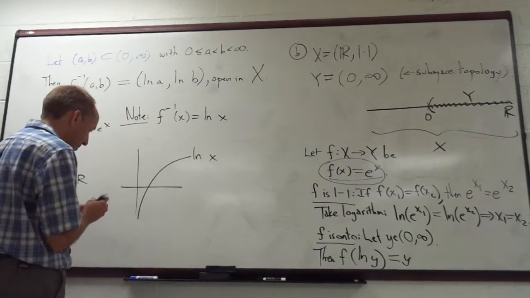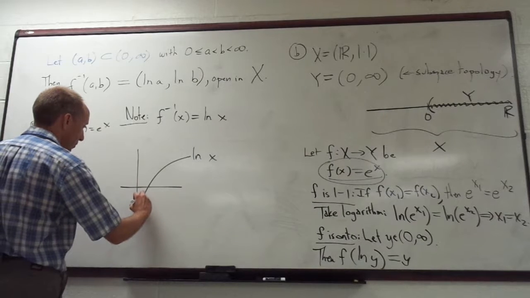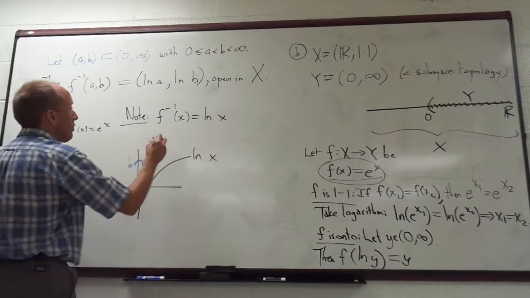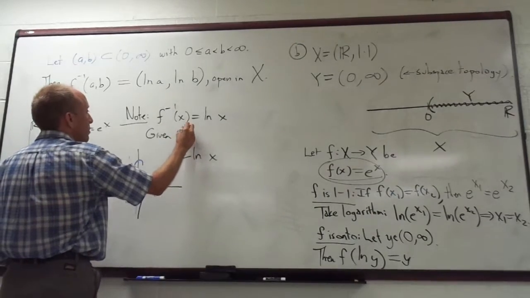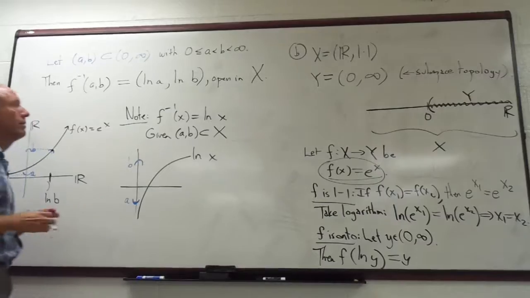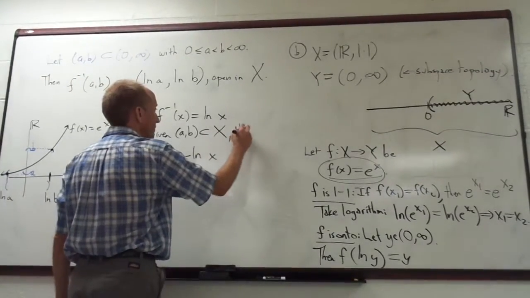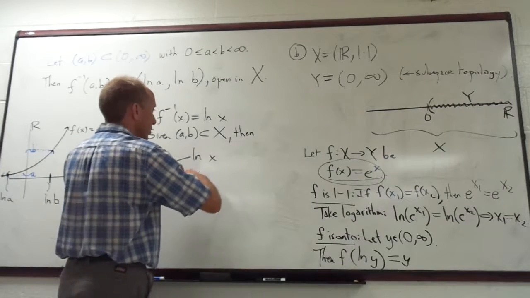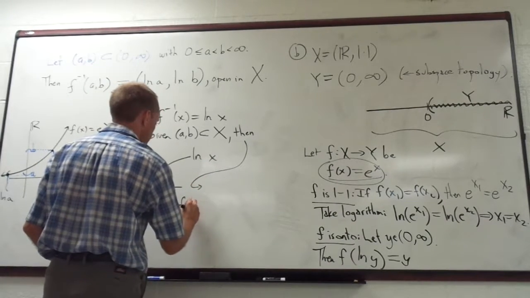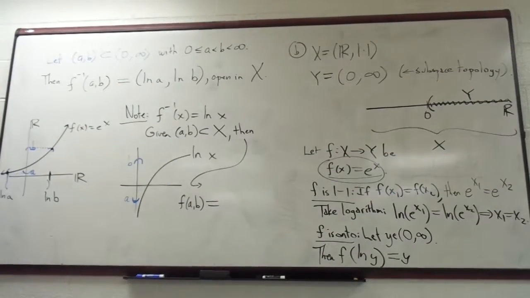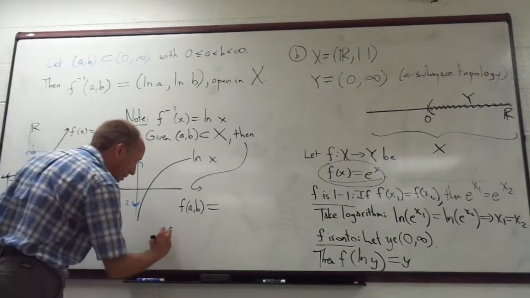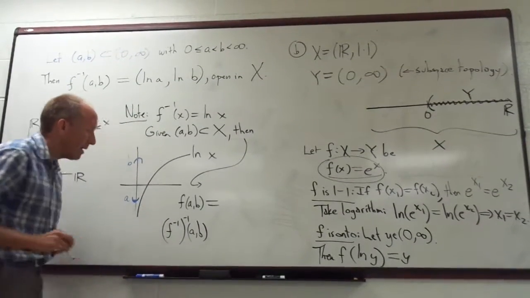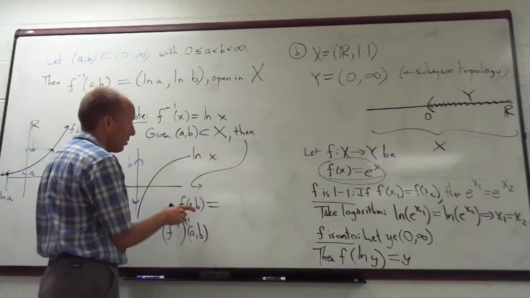So again, if I take any open interval in the output side, given (a, b) inside of X, then the image of (a, b), if we take f of that, is the same thing as the pre-image under f inverse of (a, b). So this is just the pre-image of that.